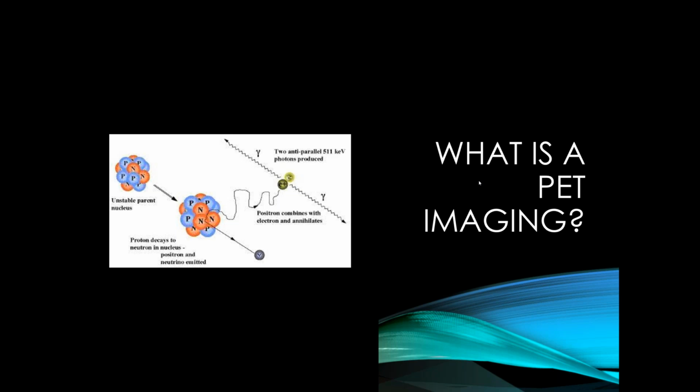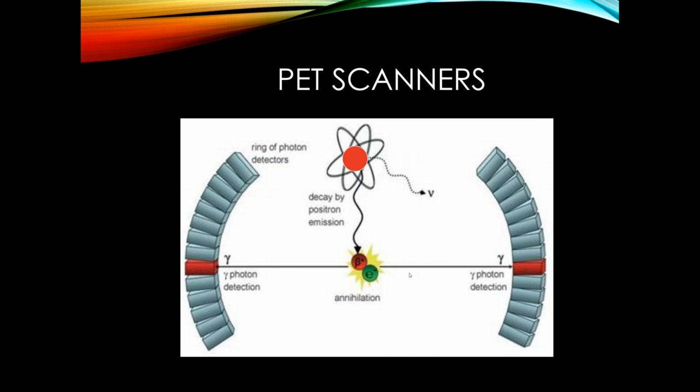And the idea is that the F18 or the Gallium-68 is a positron emitting isotope, and positrons are positively charged beta particles, and it basically goes through an annihilation reaction, which is where it combines with an electron, and two 511 keV photons are emitted at 180 degrees, and this camera system is able to pick up on that.